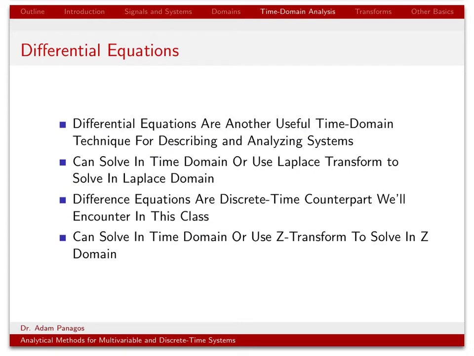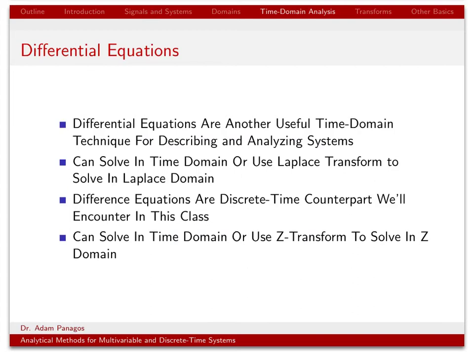So the impulse response of an LTI system is a very important quantity. It lets you know the output of an LTI system for any input, and by analyzing the impulse response you can also understand properties of the system, whether it's causal, non-causal, whether it's bounded input, bounded output stable, things like that. Another time domain analysis technique that you learned previously was how to analyze differential equations.